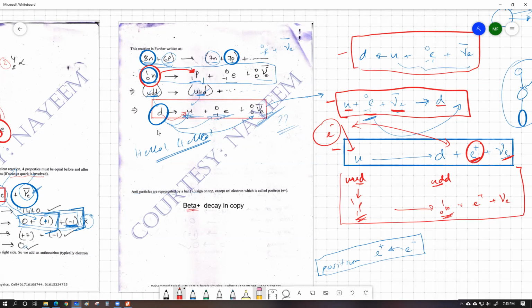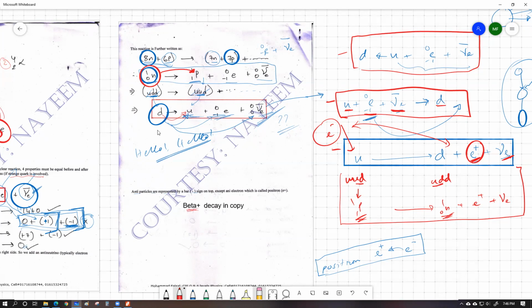In other words, one proton converts into one neutron and releases one positron and one electron neutrino. Full stop.